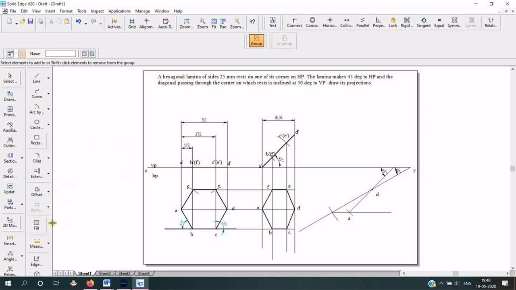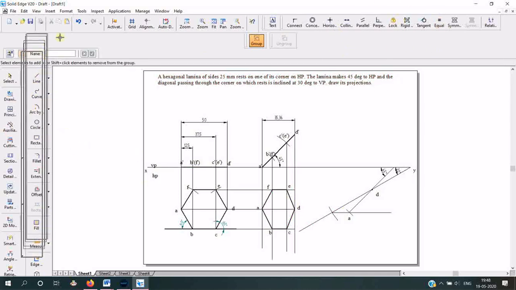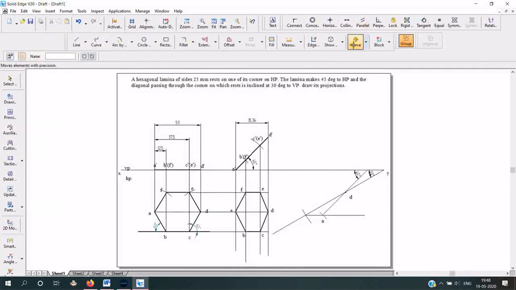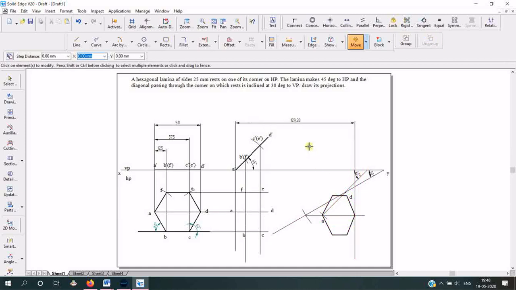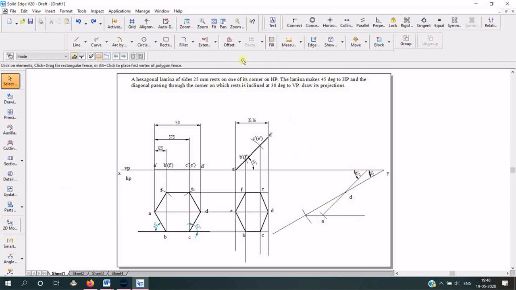Press enter, and then go to the move command. Select this from the point A and place it over here. Switch on move a copy.